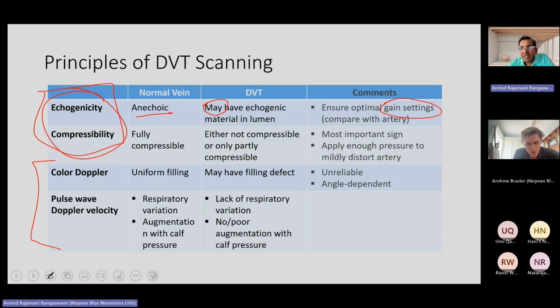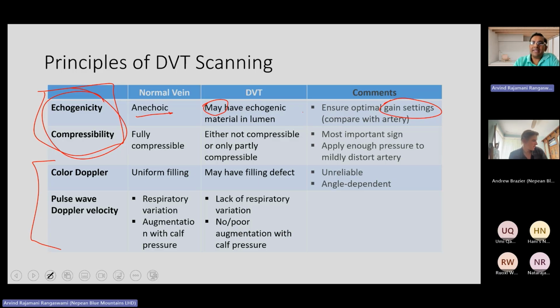A very common thing that beginners do when scanning, regardless of which ultrasound modality it is, whether it is ultrasound of the heart or whatever, is that gain is always very, very high. Typically, we have a hyper-gained setting. And if you have that, the echogenic material will be missed. Similarly, if you have a very low gain, the echogenic material will again not be identified.